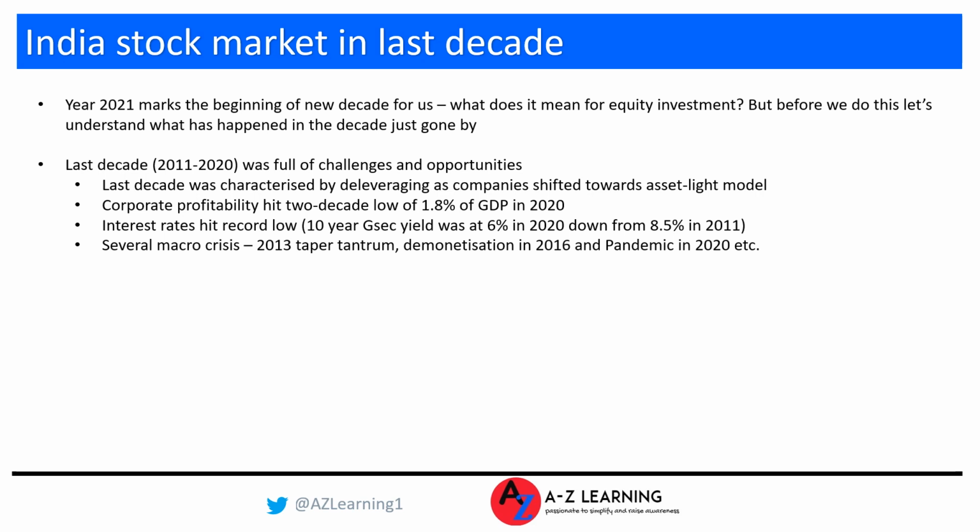We saw several crises in the last 10 years. If I think about 2013, when the tapering tantrum started, it was basically on the back of the 2008 financial crisis. With quantitative easing, governments around the world printed money to support consumption and growth. And in 2013, for the first time, people started to talk about tapering it, meaning reducing it.